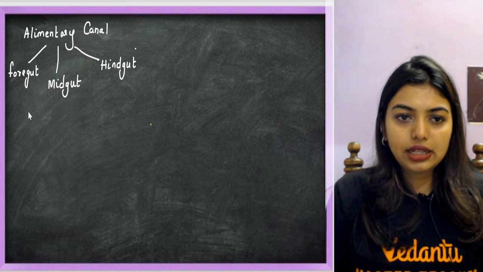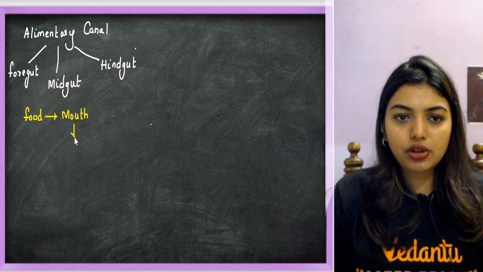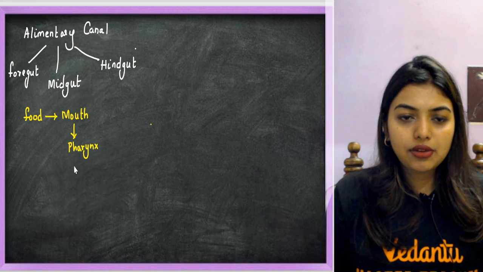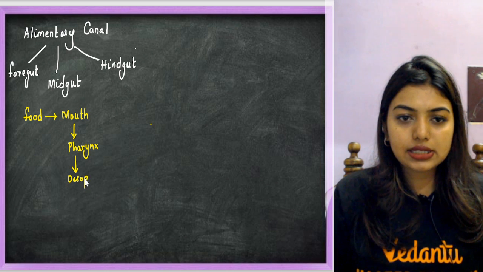The food enters through the mouth. From the mouth it has gone into the pharynx. From the pharynx it has opened into a tube-like structure called the esophagus.